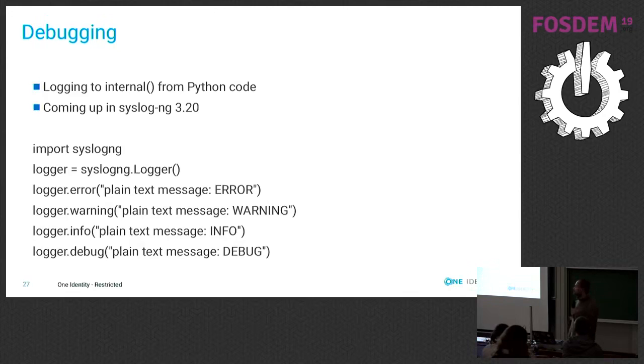This way, debugging Python code in syslog-ng will be easier, as by using the logger method of syslog-ng, you can create log messages from the Python code for syslog-ng appearing on the internal source, so you can follow what's going on in your Python code as a log message within syslog-ng, or if you start it in the foreground, then these messages are printed on your terminal window.